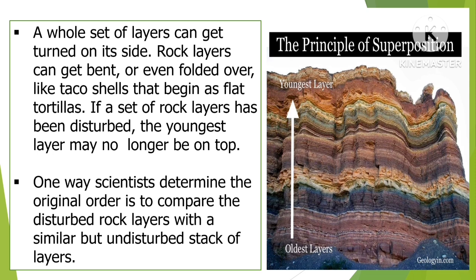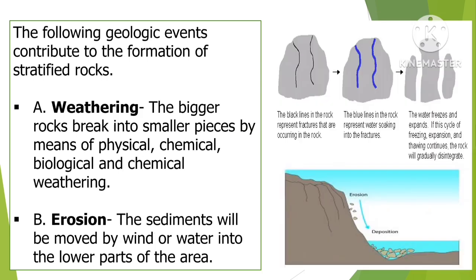If a set of rock layers has been disturbed, the youngest layer may no longer be on top. One way scientists determine the original order is to compare the disturbed rock layers with similar but undisturbed stacks of layers. The following geologic events contribute to the formation of stratified rocks.